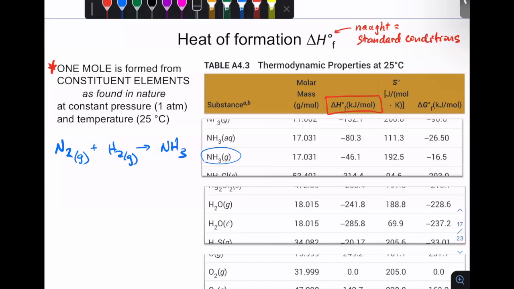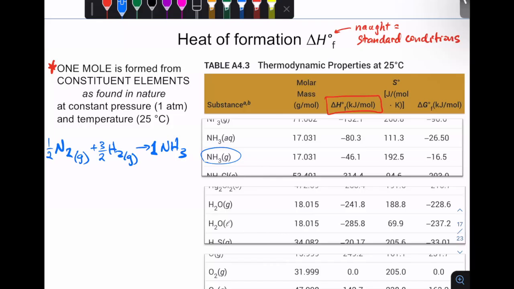I'm going to put the 1 here. Remember, when there's a 1, you never write it, but for emphasis, I'm putting a 1 here. So now we're restricted. We have to use fractions for our coefficients. It's going to be 1/2 N2 and 3/2 H2. That's what we need to give us 1 mole.